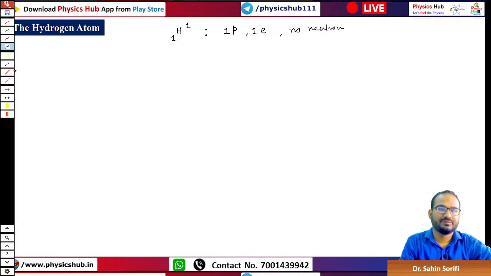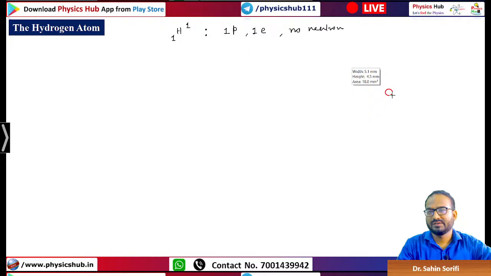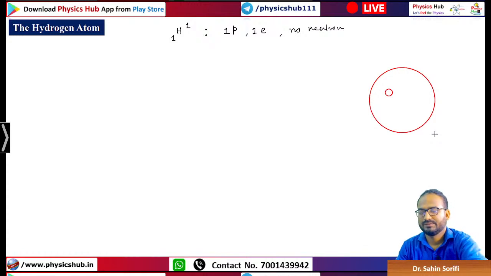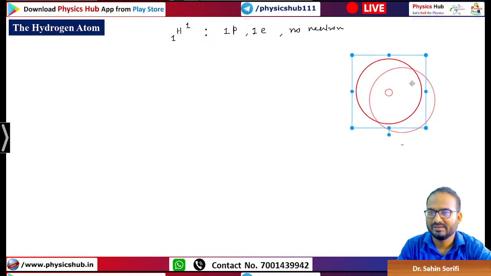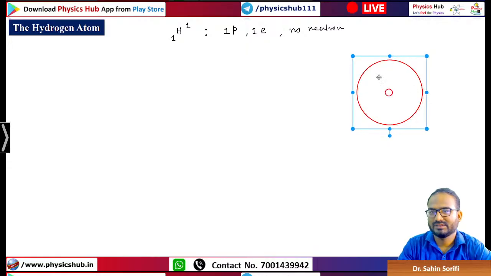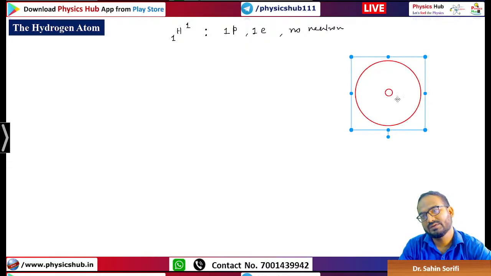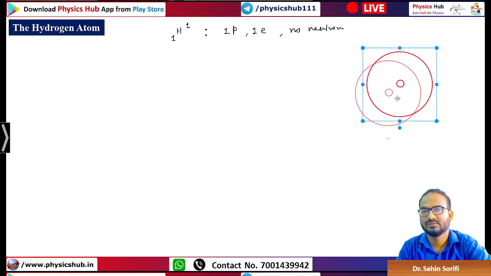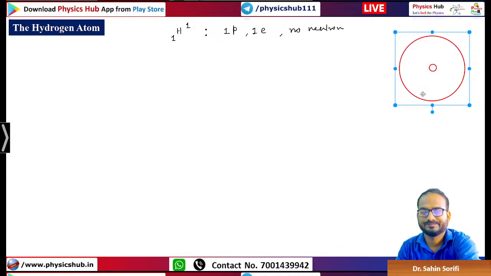So if you visualize the nucleus, it is like this. We have a proton at the center and the electron is revolving around it, like this.